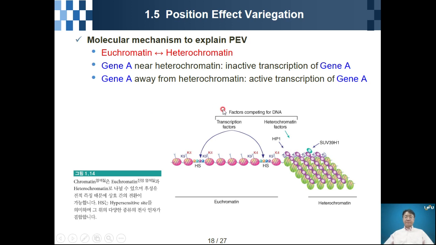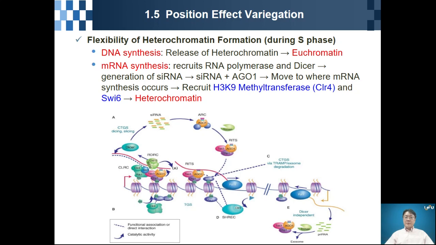Okay. So in this slide, I will also explain some basic principles of position effect variegation. We have to understand the flexibility of heterochromatin formation. Usually this phenomenon happens during S phase. For example, one gene is located in the heterochromatin region.